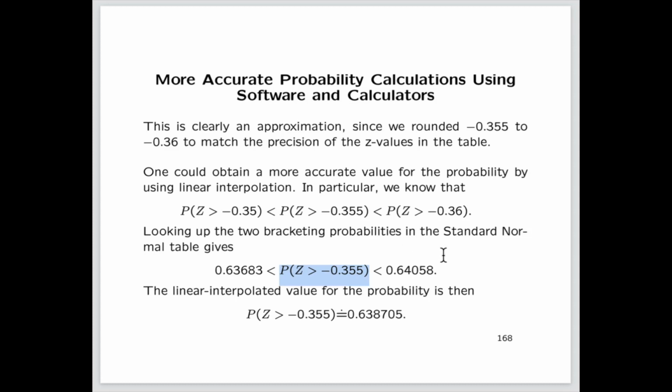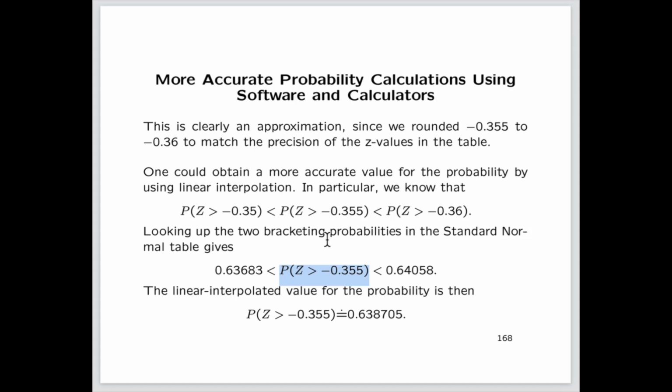All right, now we could take that information and perform a linear interpolation to obtain a better approximation to the probability that we're after. Since negative 0.355 is halfway between negative 0.35 and negative 0.36, the interpolated value would be halfway between 0.63683 and 0.64058.